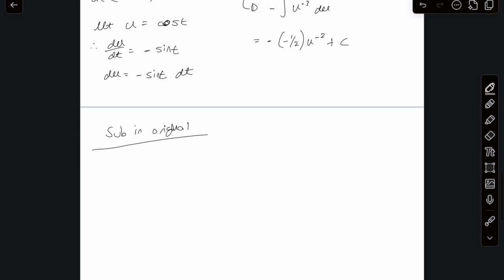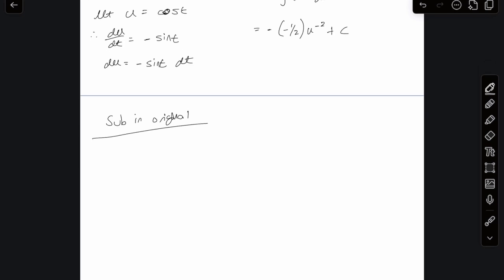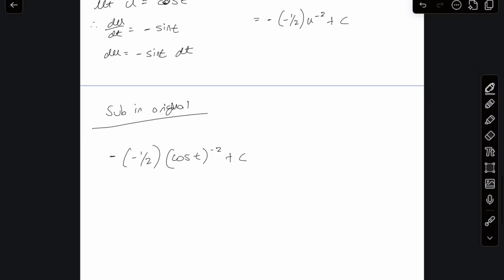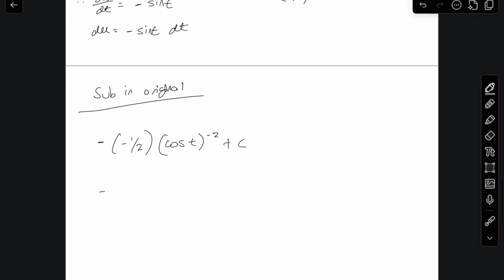If we sub in the original, what we get is minus a half cos t to the minus 2 plus c, which is going to give me 1 over 2 cos squared t plus c. Okay. And that's the final answer to that question.